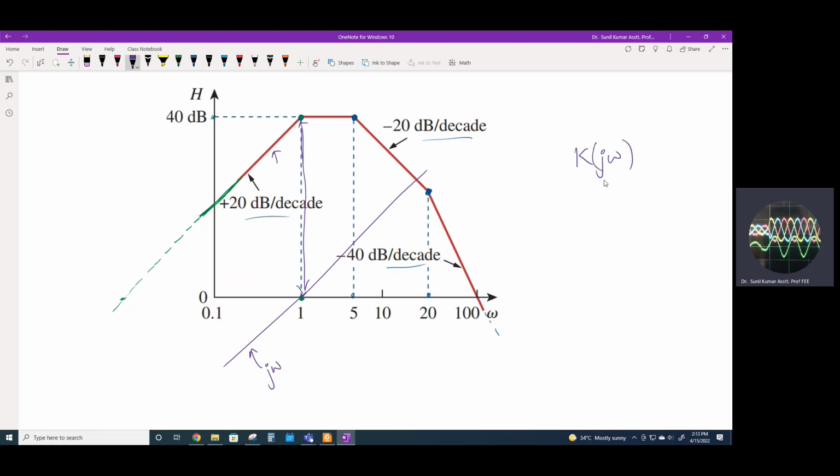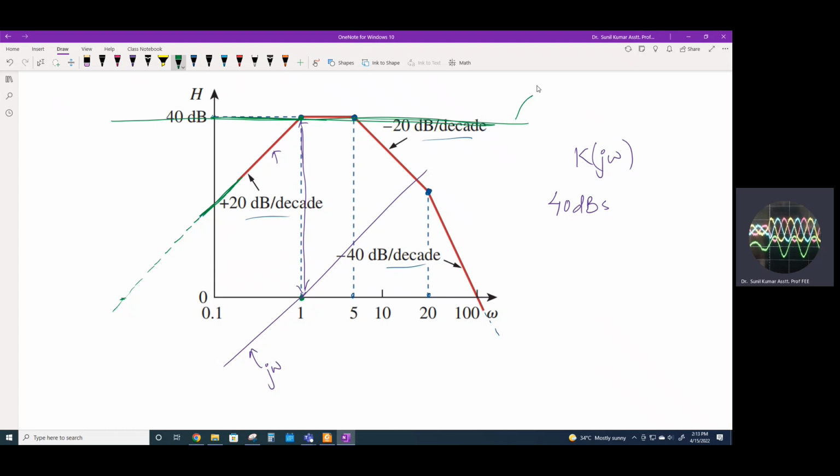And how to find the value of k? We know how much it is positively shifted upwards: it's shifted from 0 to 40 dB. That means the difference is 40 dBs, and that means there should be a line at 40 dBs as well.